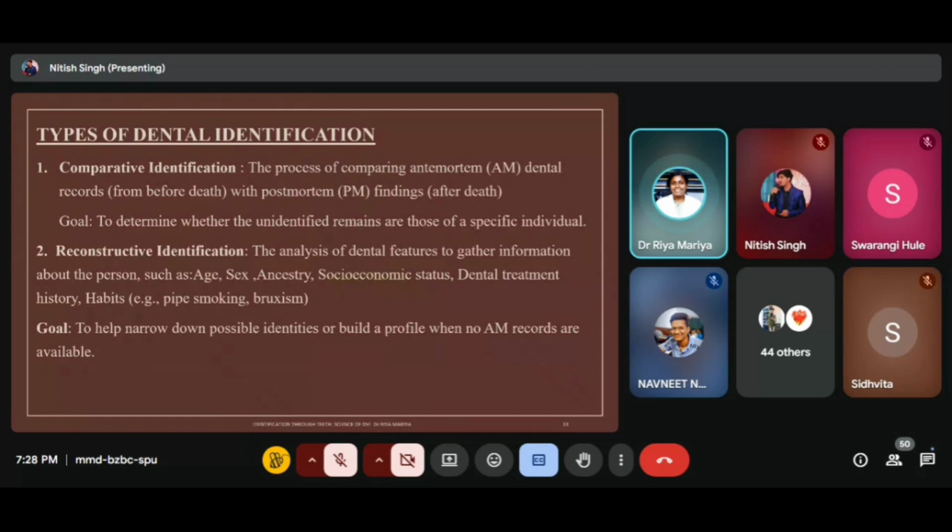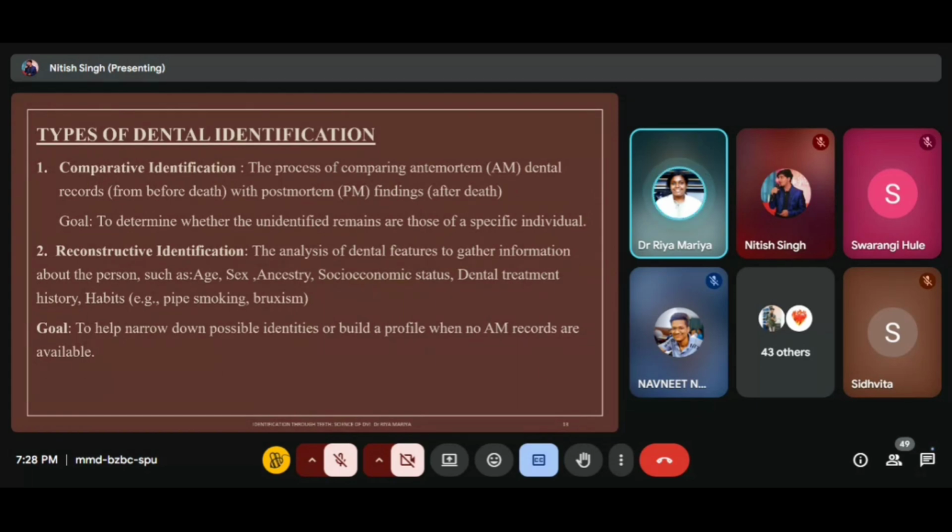People who do pipe smoking, or who have bruxism, that is night grinding, because some people grind their teeth during sleep, will have tooth surfaces with no cusps, reduced and flat. And we know tailors used to keep their needles between the teeth.